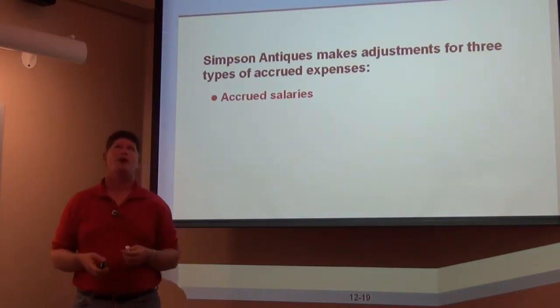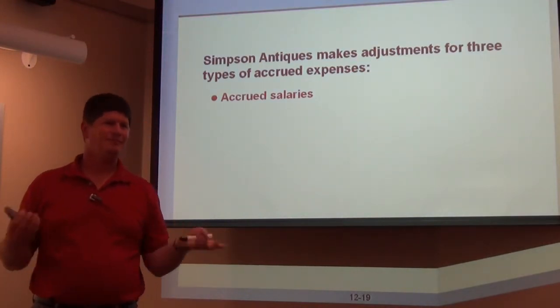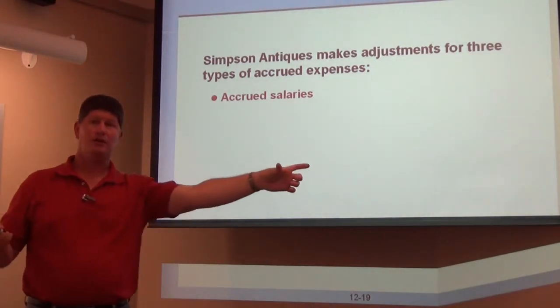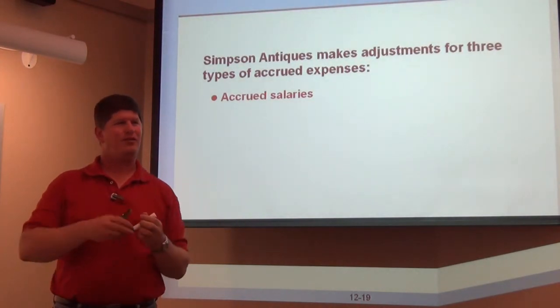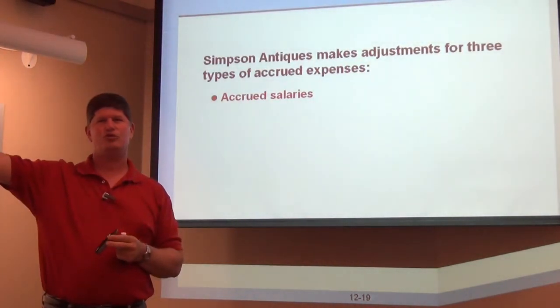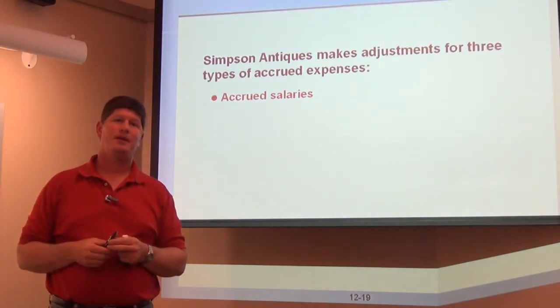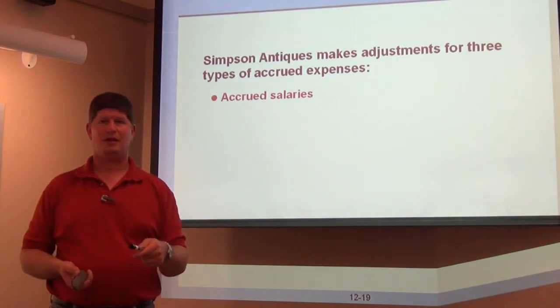Now, what about a month where the end of the month fell on a Wednesday? Part of what you're going to pay your employees on Friday is to cover Monday, Tuesday, and Wednesday, which belongs in May, and Thursday and Friday belongs in June's expenses on your income statement. How do we deal with that? That's where we accrue the wages for Monday, Tuesday, and Wednesday.